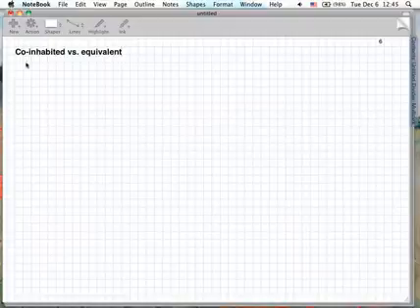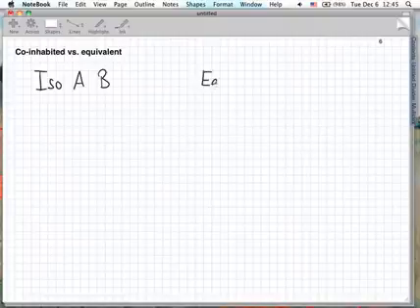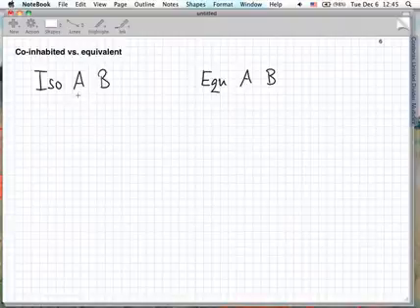I now have two candidates. One is called iso AB, and the other one is called EQ AB. The space of isomorphisms between A and B, and the space of equivalences between A and B.